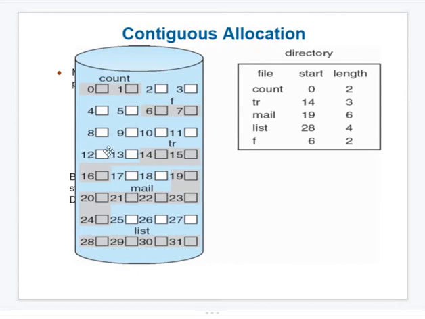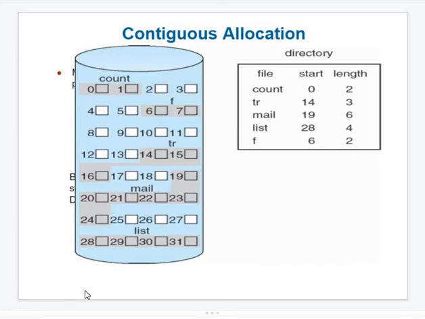So this is possible when we have information about freely available blocks. Then comes the I file. Let's take the I file. Start is not defined, length is 7. What is the option then? No 7 blocks are continuously available here. So what do we have to do?